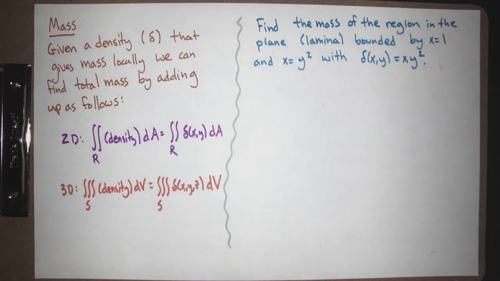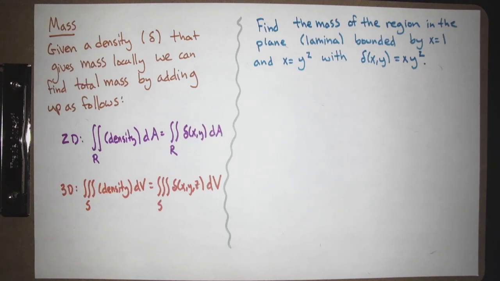All right. So we'll start with mass. So mass is like, okay, you have a region, and you want to know how much mass is there. This is not too bad if we have a region which is very simple shaped and a density associated with it which is constant.